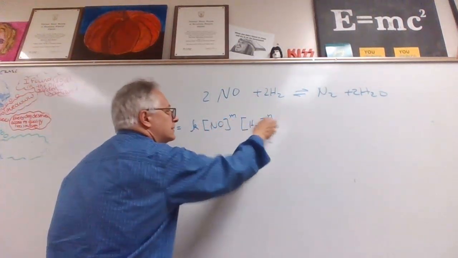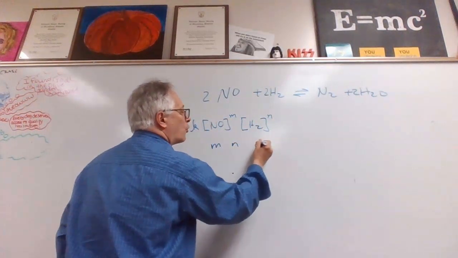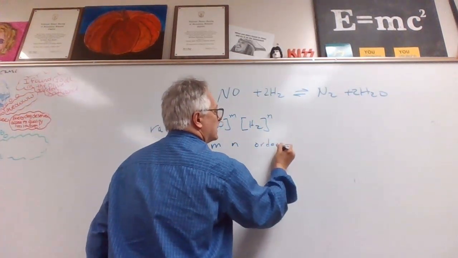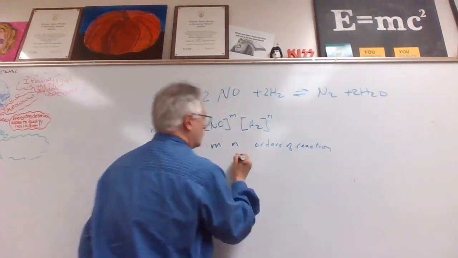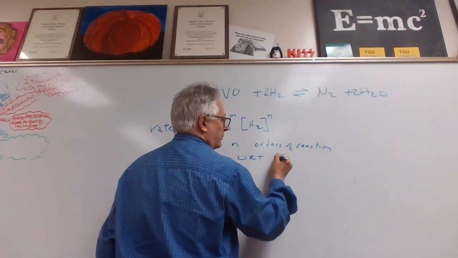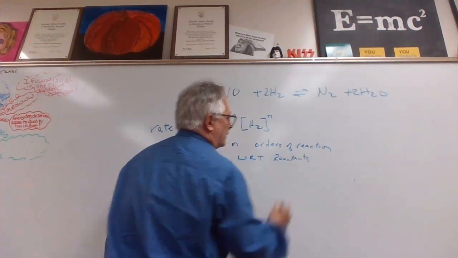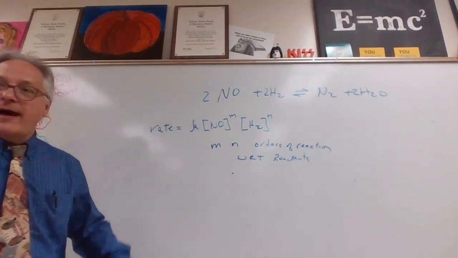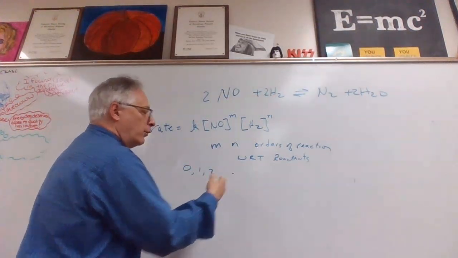Now these M and N are called orders of reaction with respect to the reactants. The values can be 0, 1, 2.